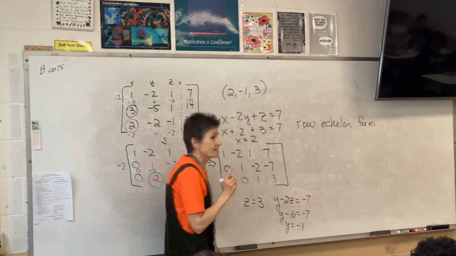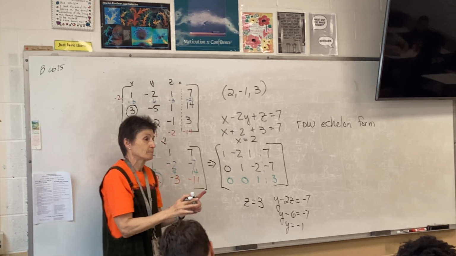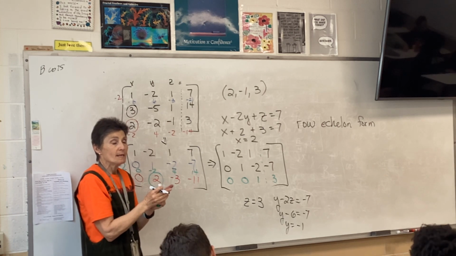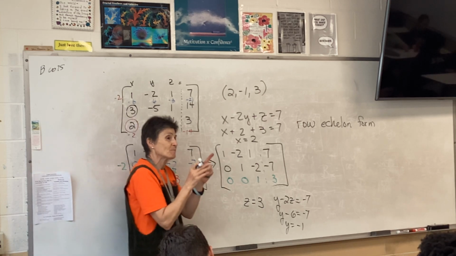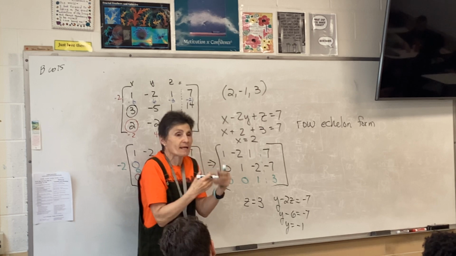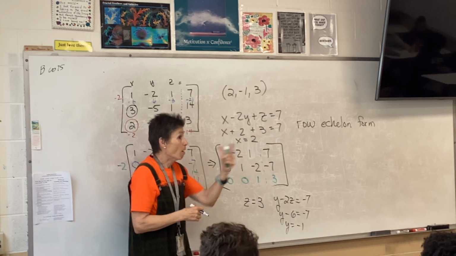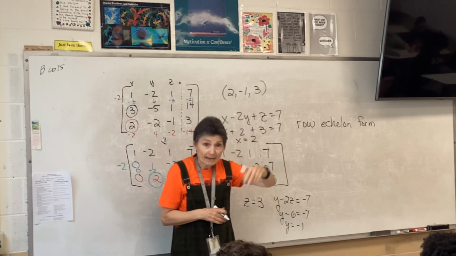Now, we're gonna do another one, so don't panic, just stop and listen to this vocabulary. What are the things that I did to make this happen? Well, I multiplied rows, right? I added them together.